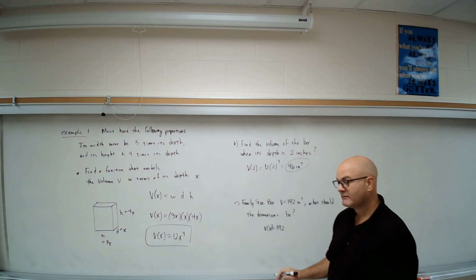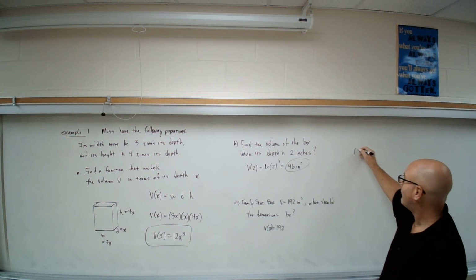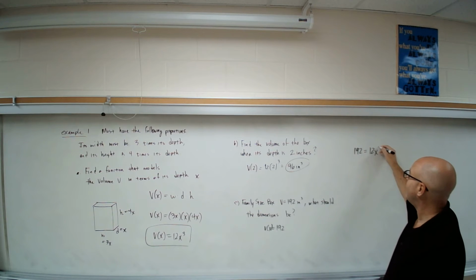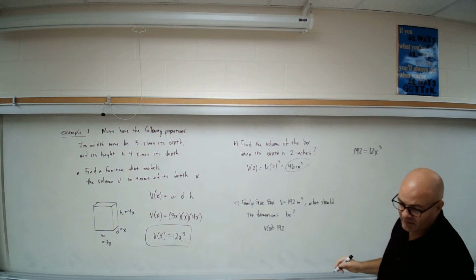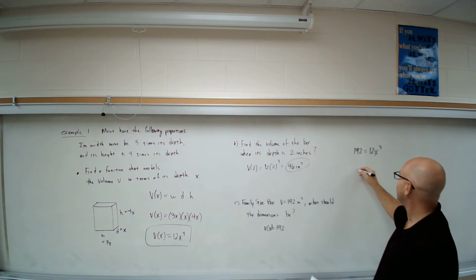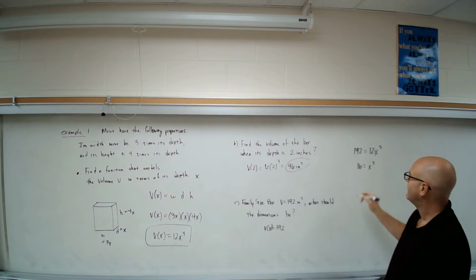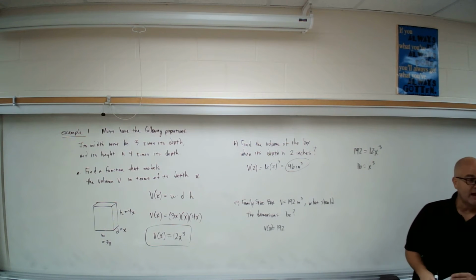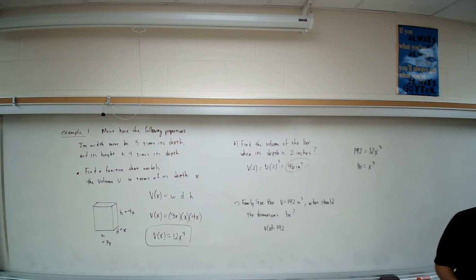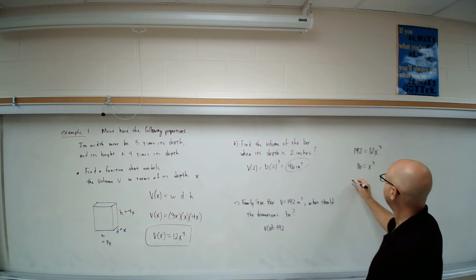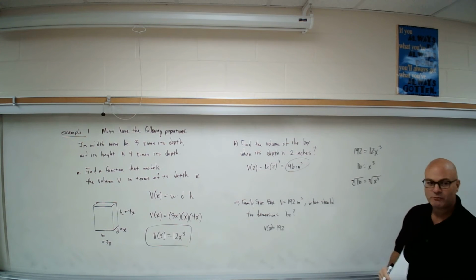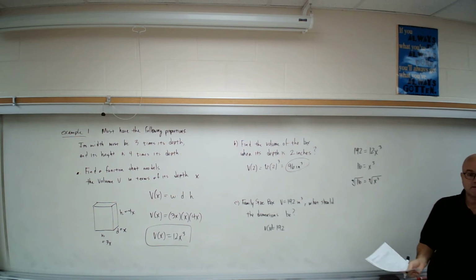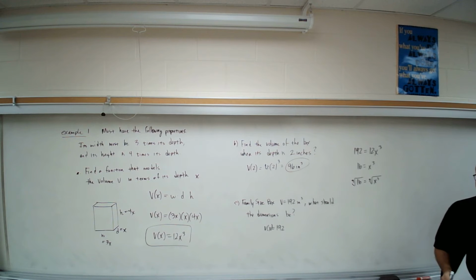cubic inches, right? So we can set up 192 equals 12x cubed. And we can divide by 12, which gives us 16. And then we have 16 equals x cubed. So we know that to get rid of a cube, we're going to cube root both sides. Now, remember with cube roots, we don't need a plus or minus sign because cubes preserve the sign.